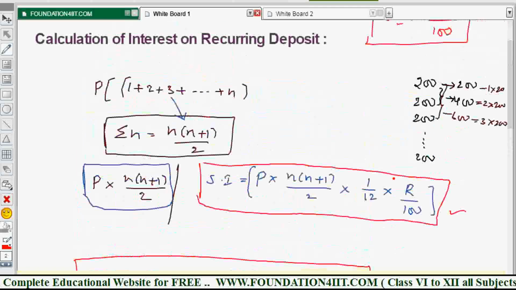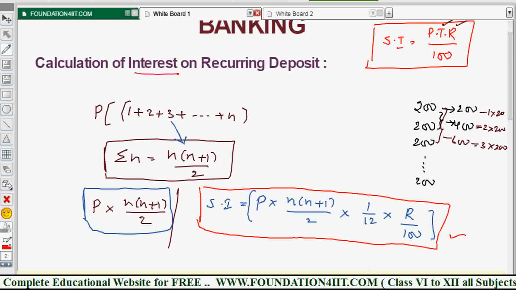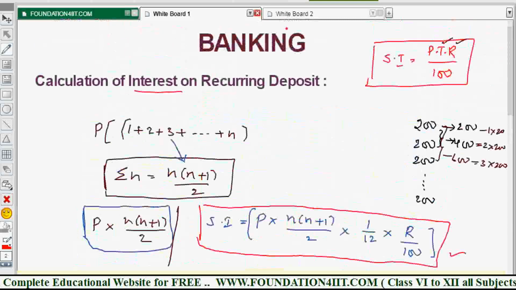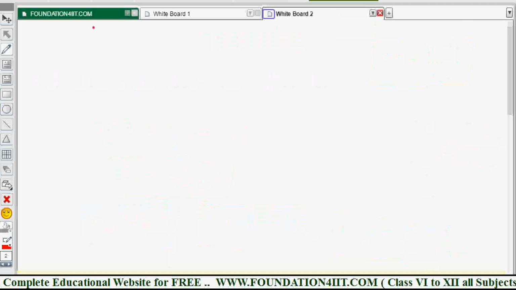So let us take one question first, calculation of interest on a recurring deposit. Let me write the question and we'll solve it. Let us see each and every topic next.